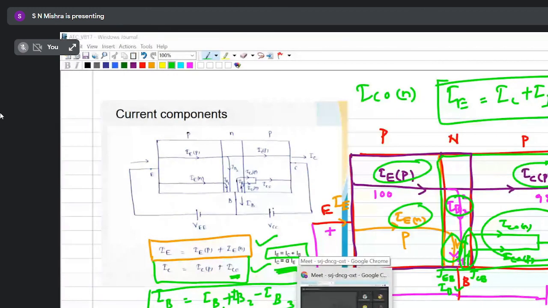So that's it. Just wait for 2-3 seconds. I'll take the attendance, then you can go. Because if I skip from the middle, again I have to start from the figure and all these things.